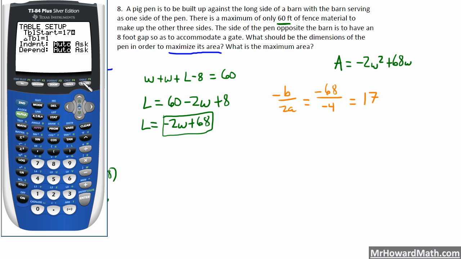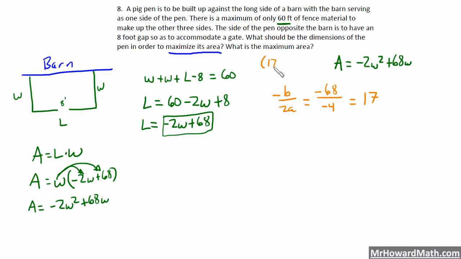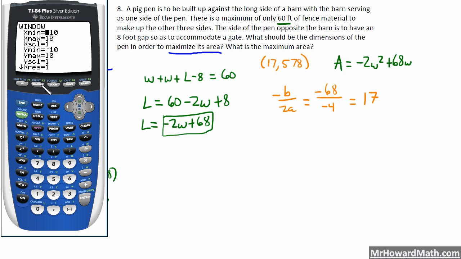So again, you can look back at that video for more detail. On the table there, that would be 578. So my vertex is 17 comma 578. So this will help me set my window now. That's important, so I can graph this quickly.